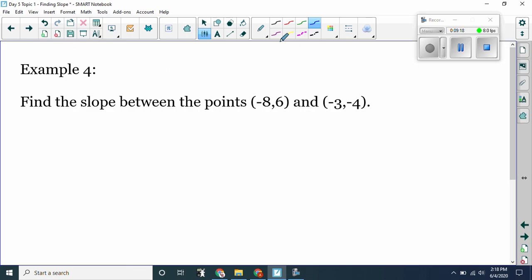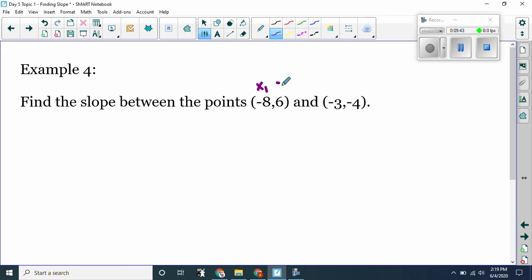Let's try another one. Find the slope in between the points negative 8, 6, and negative 3, negative 4. First thing we want to do is label our points.